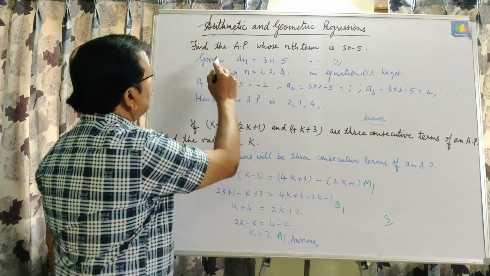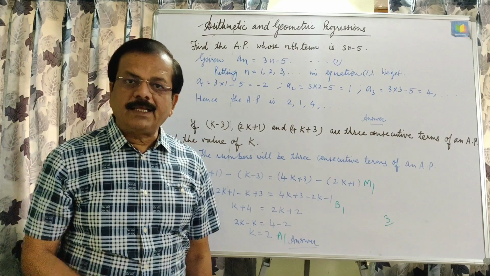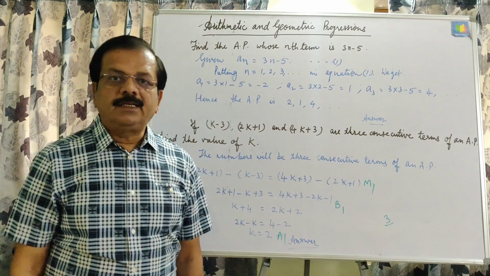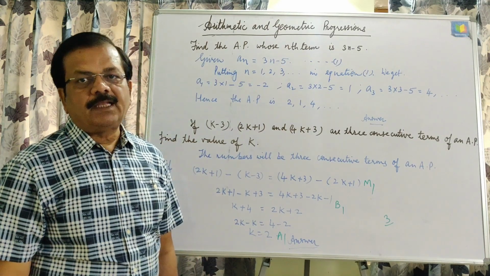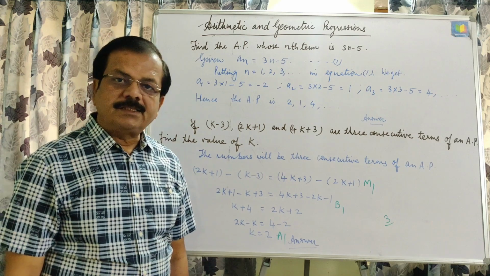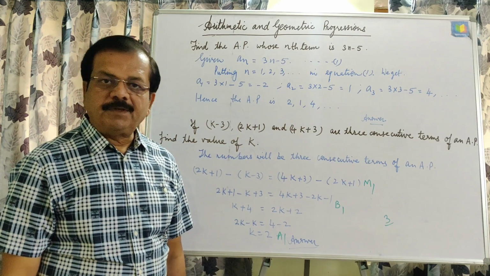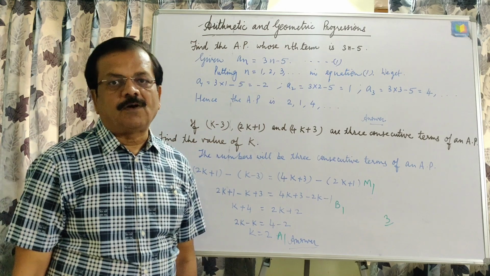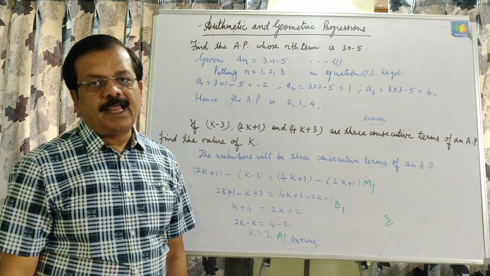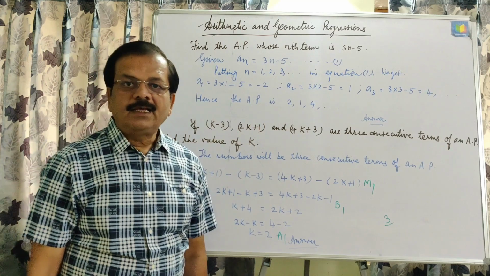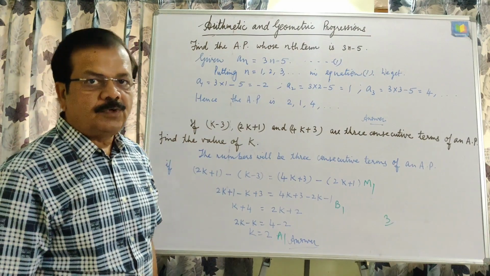And the summation up to n terms, that is Sn, if we are adding all the terms, is n by 2 within bracket 2a plus (n minus 1) into d, where a is the first term and n is the number of terms. This can be rewritten in terms of the last term as n by 2 into (a plus L), because L, the last term, is equal to a plus (n minus 1) into d.